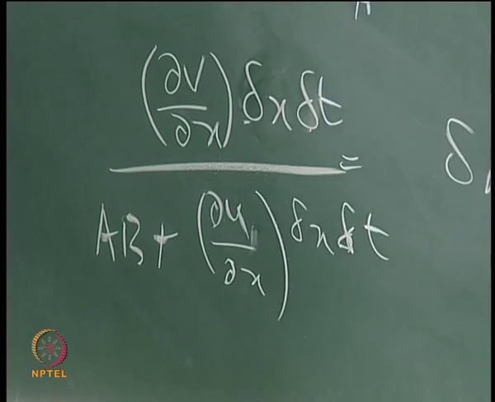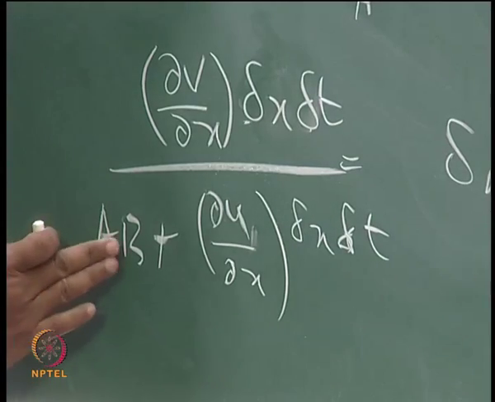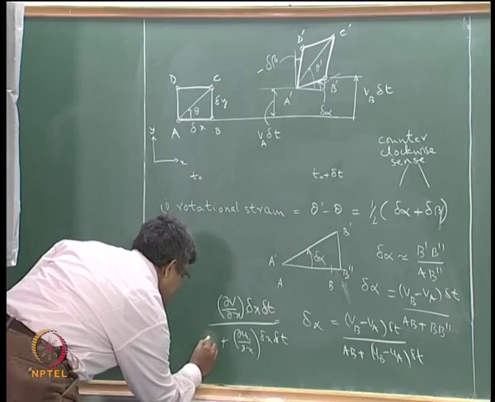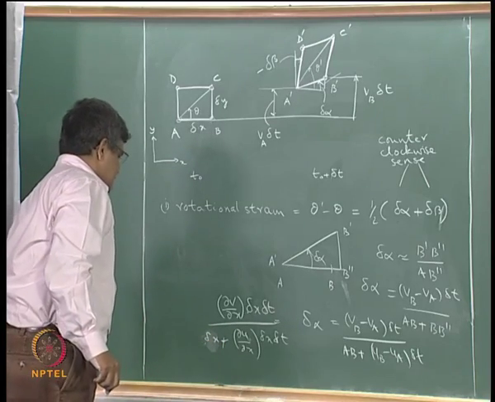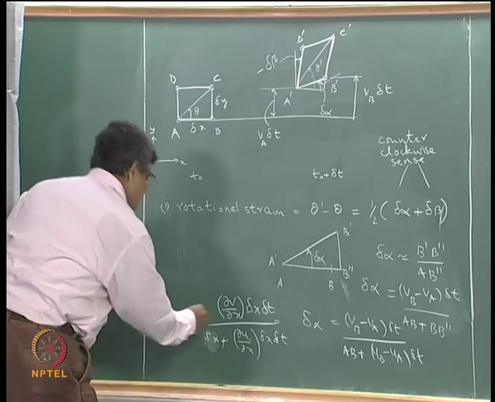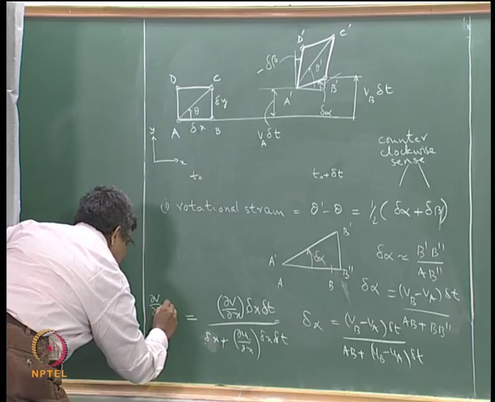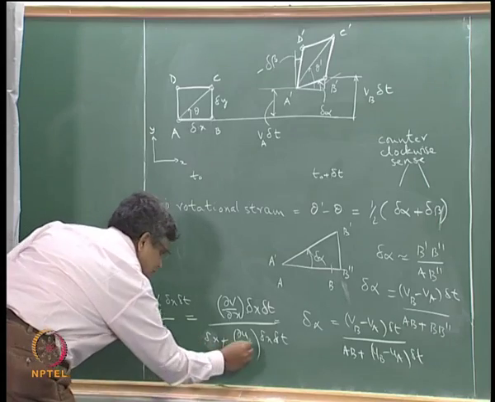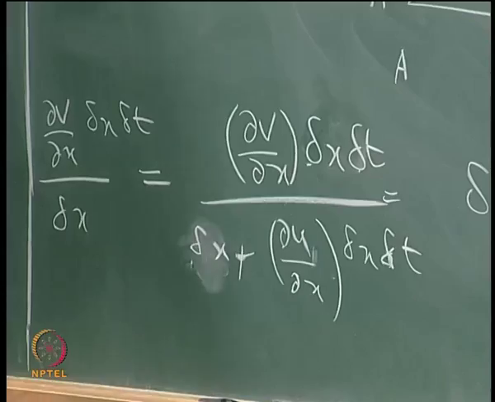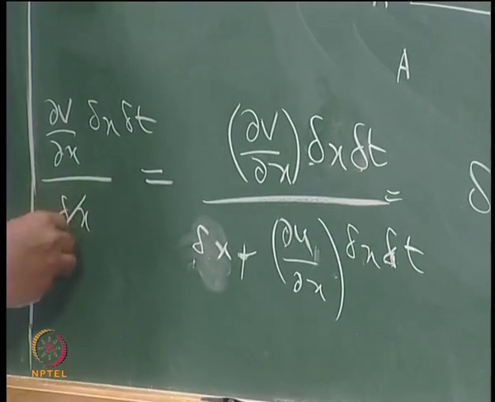Okay. So this itself is delta x. AB is the original delta x, and we can write this roughly as dou V by dou x times delta x delta t divided by delta x, neglecting this thing in comparison with this, because both are delta x's and this is a small time delta t, which cancels out here.